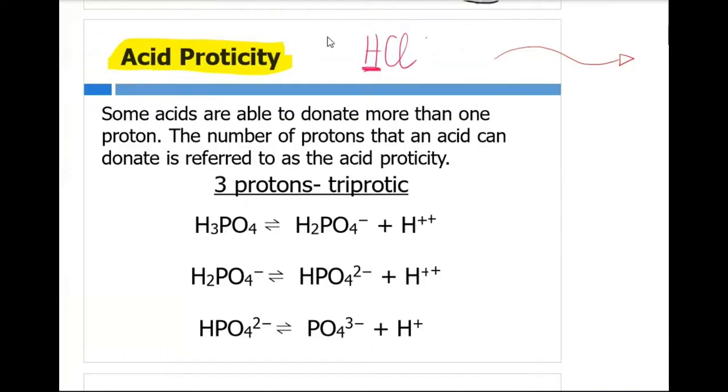If it does donate its proton, don't worry about what substance it's donating it to. We will get there. Then if it loses the H plus, you're going to be left with Cl minus. So hydrochloric acid is a monoprotic acid. We use the term monoprotic, mono meaning one. Hydrochloric acid has one proton that it can donate.